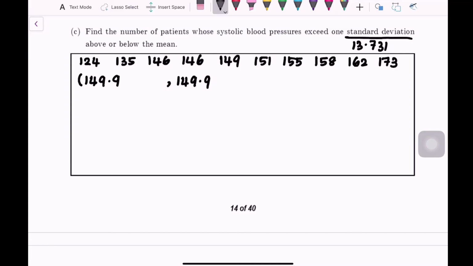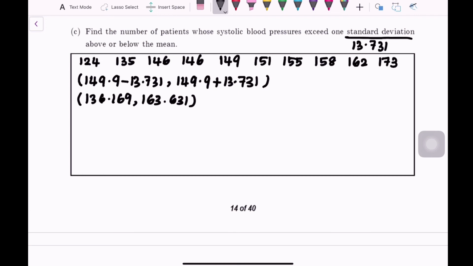So, to determine the patients whose systolic blood pressure exceeds 1 standard deviation above or below the mean, for above we add 13.731, and for below we subtract 13.731. So the range is between 136.169 and 163.631.